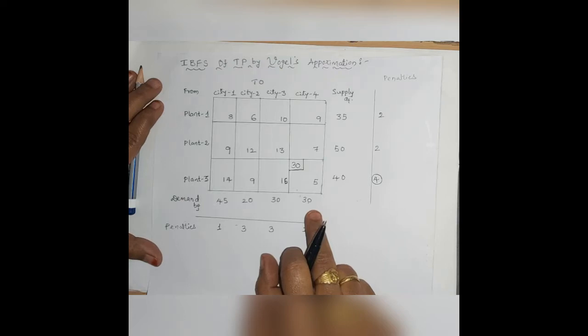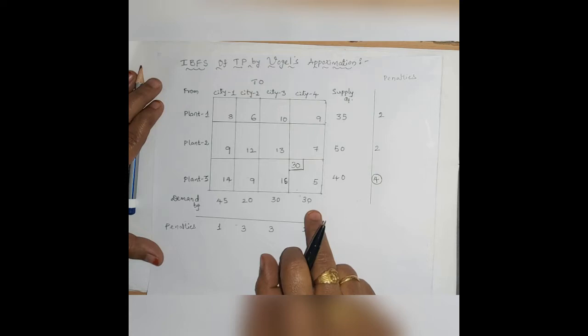The solution can be categorized into two parts. In the first part, we obtain the initial basic feasible solution, and during the second part, we make this solution better by using the MODI algorithm.